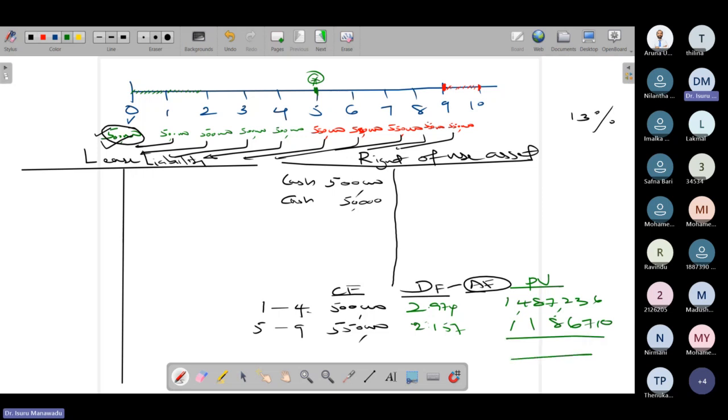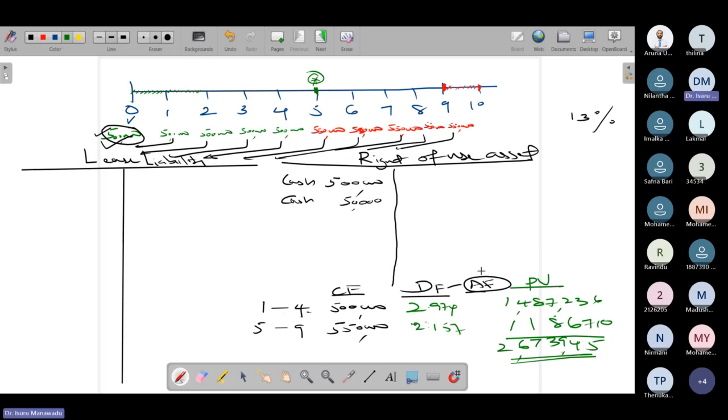Take the total. So that's the present value of the cash installments, lease installments. Take the total, 2,673,945.